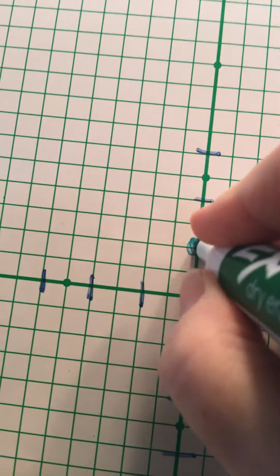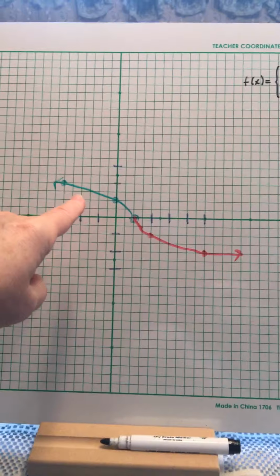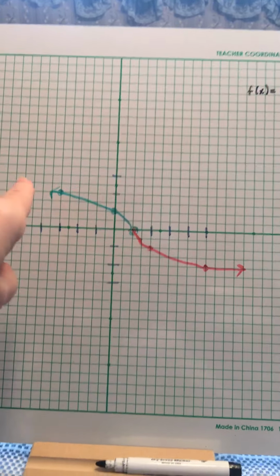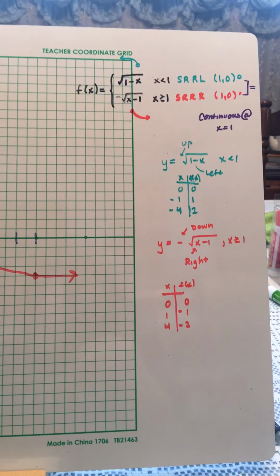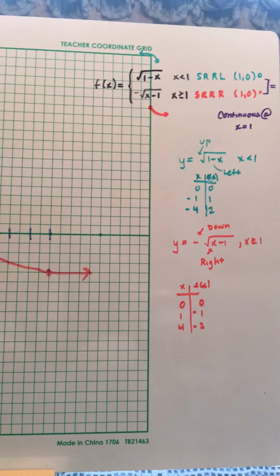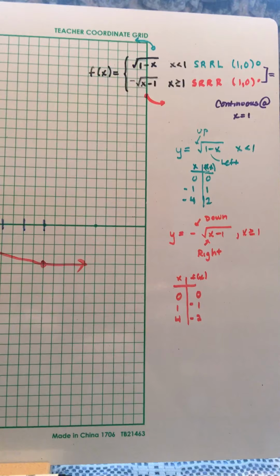And I want to go right 4, down 2. And I want to draw my square root. And it's really cute. You see how it's nice and it's connected. It's beautiful, and so it's continuous. And so thus endeth worksheet Piecewise 5.